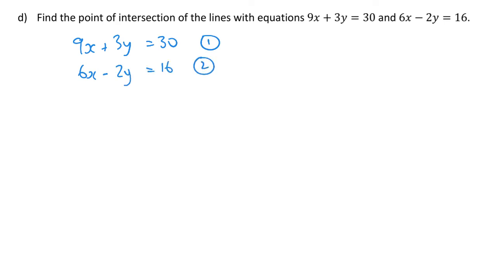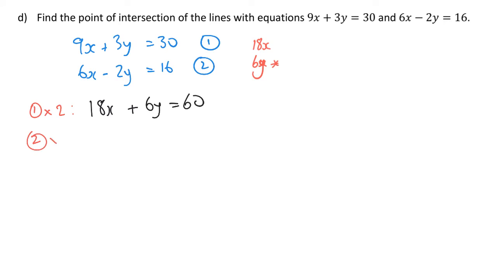We want to multiply them up to the same number. If we pick the x's, we're maybe looking at 18x. If we look at the y's, we're looking at 6y. So that's the one I would choose. Equation 1, we're going to multiply by 2, and we get 18x plus 6y equals 60.